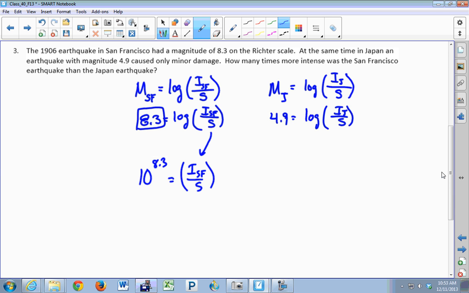And similarly, we transform our log, here's our log equation, and all we did was change it into an equivalent exponential equation to help us solve this problem. We're going to do the same thing here. So if I want to turn that logarithmic equation into an exponential equation that's equivalent to it, can someone help me do that?